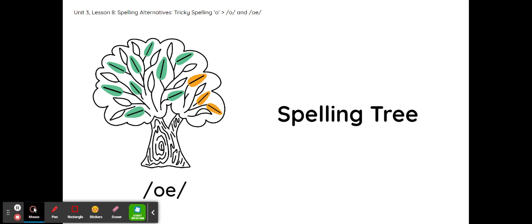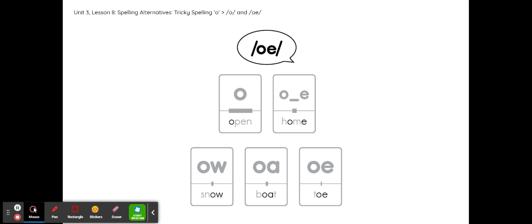The letter O can be used to represent the O sound and the ah sound, so the O can be a tricky spelling. In your code flip book, we have O as in open, and we know that this is common from our power bar.